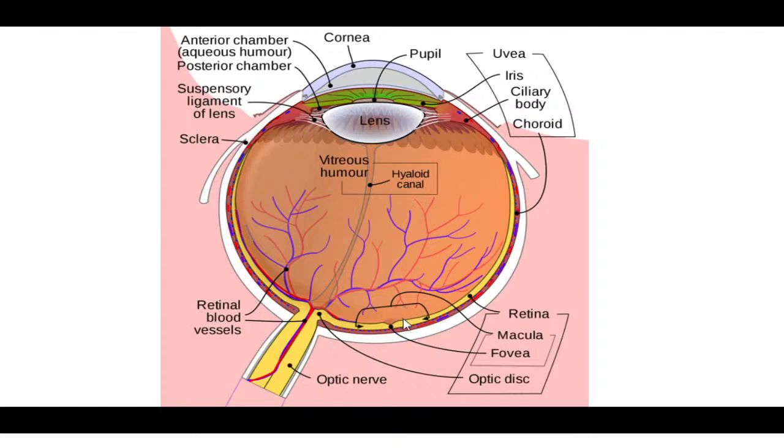Fovea centralis is a special area where there is a higher concentration of cones for good color vision. And a little to the left will be optic disc. Optic disc is a blind spot, where the optic nerve begins.